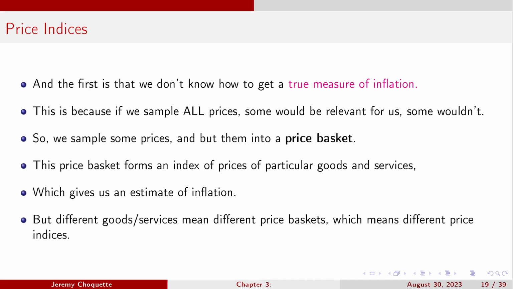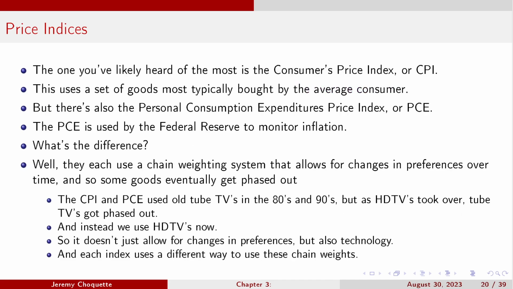So what we're going to do is sample some of these prices, the ones that are generally relevant for an average consumer, and put them into a price basket. And this price basket forms an index of prices of particular goods and services, which then gives us an estimate of inflation. But if we have different goods and services, that's going to imply we have different price baskets, which means different price indices.